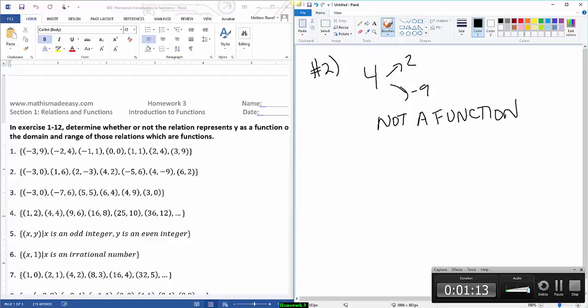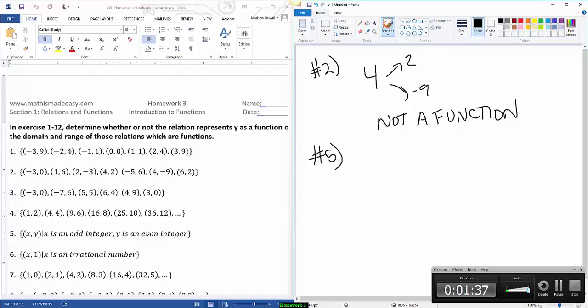Let's try number 5. 5 looks like a good one. Number 5 says x is an odd integer and y is an even integer. Now I know your first inclination when you see this might be to think, oh, if it's an integer, that means odd and even will never overlap, therefore it must be a function. But it didn't say that they can't repeat.